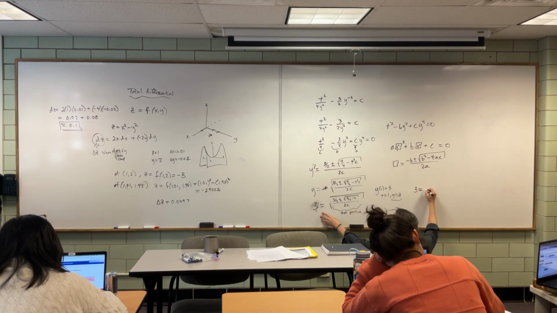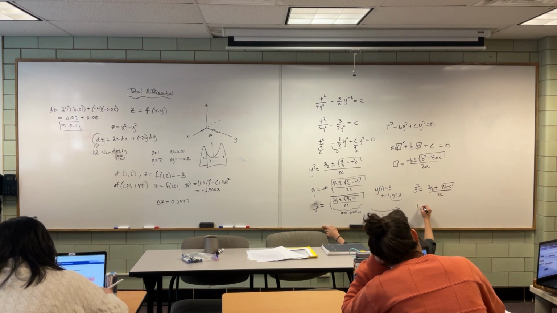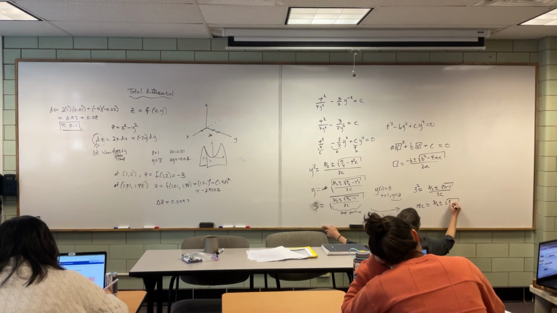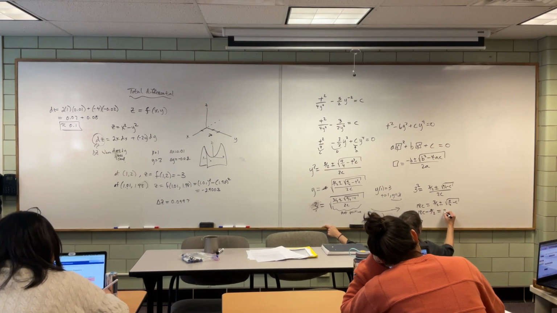So 3 squared equals this. So now I'm literally going backwards in time. 2c. So this is going to be 18c equals 3/2 plus or minus square root of 9/4 minus c. Get everything except the square root on one side.